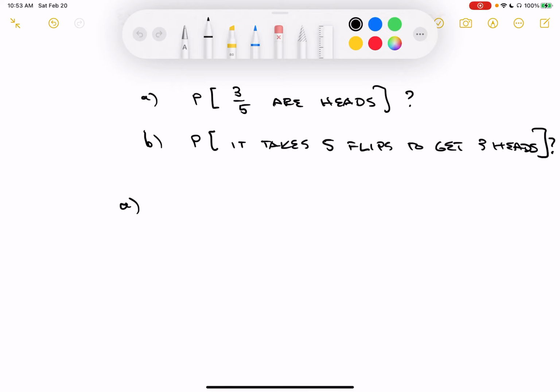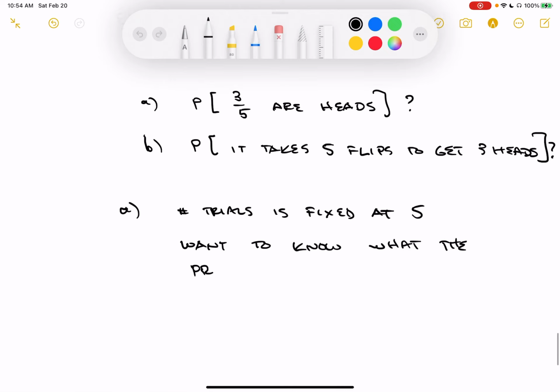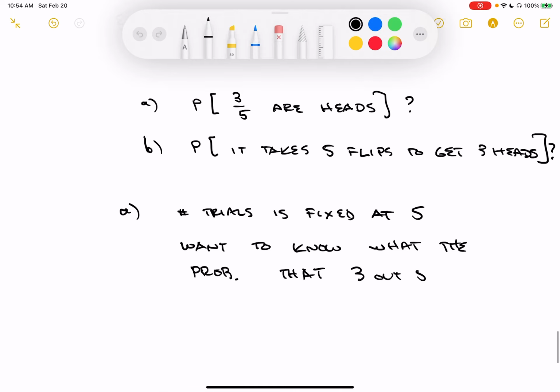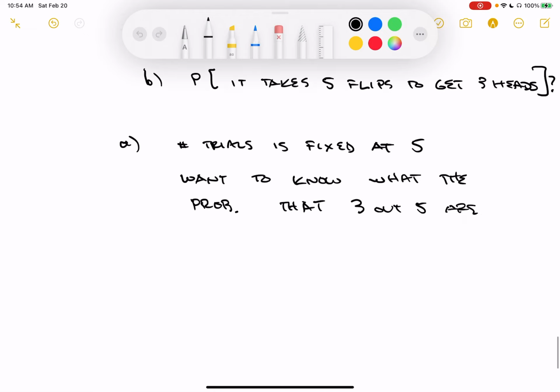So the number of trials that we are doing here is fixed. The number of trials is fixed at 5, and we want to know what the probability is that 3 out of that 5 are, let's call it successes, and that successes is just going to be our designation of heads, okay?